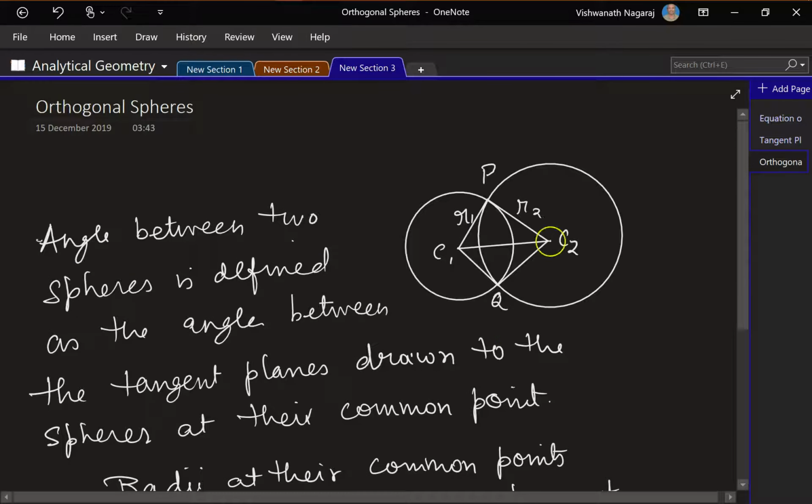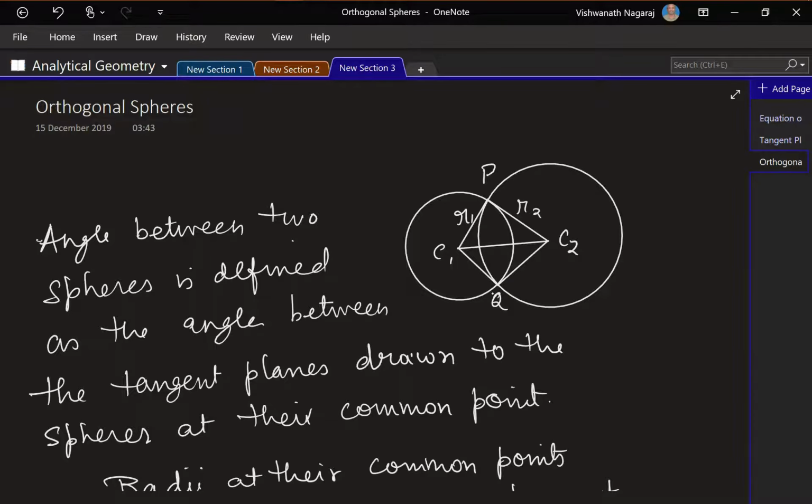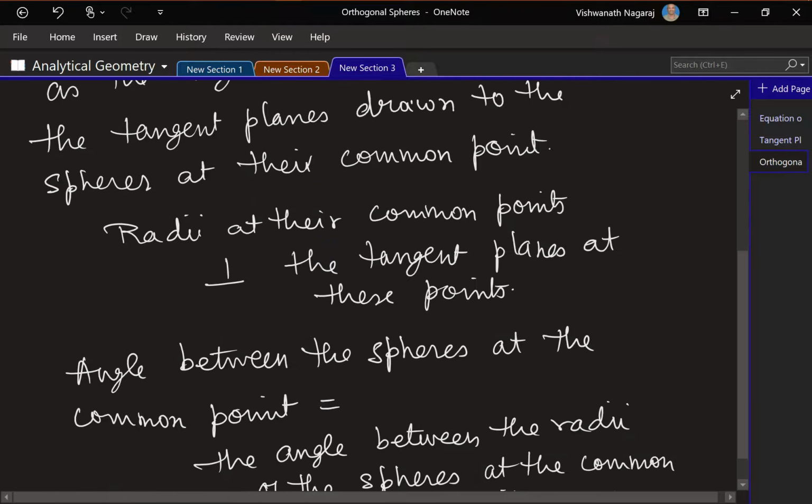This is center 1, center 2. This is one point of contact, this is another point of contact. There might be many more points of contact, because remember, even though I have drawn a circle, it is a sphere we are talking of.